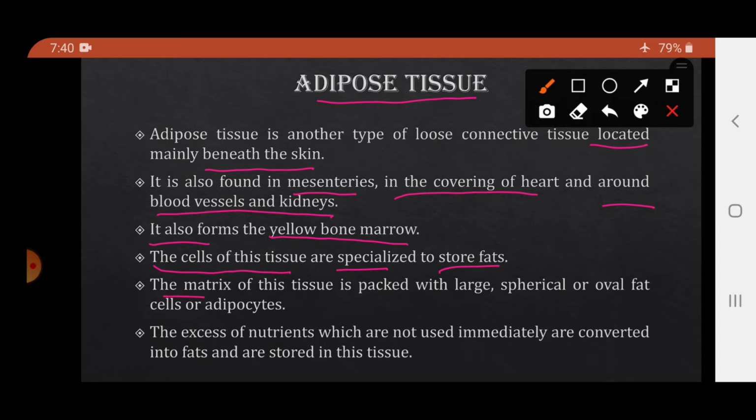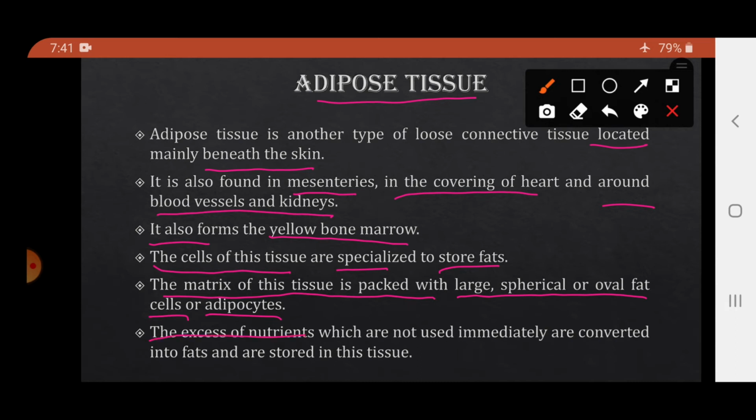So the matrix of this tissue is packed with large spherical or oval fat cells or the adipocytes. See students, आपके बुक में सिर्फ एडिपोसाइट्स है ऐसा लिखा है, बट अपार्ट फ्रॉम एडिपोसाइट्स जो एरियोलर टिश्यू थे जिसमें क्या थे? फाइब्रोब्लास्ट, मैक्रोफाजेस एंड द मास्ट सेल, ये भी यहाँ पे हो गए. बट जो मैक्सिमम अमाउंट में जो सेल्स यहाँ पे दिखेंगे वो है एडिपोसाइट्स, जिनका काम है टू स्टोर द फैट.